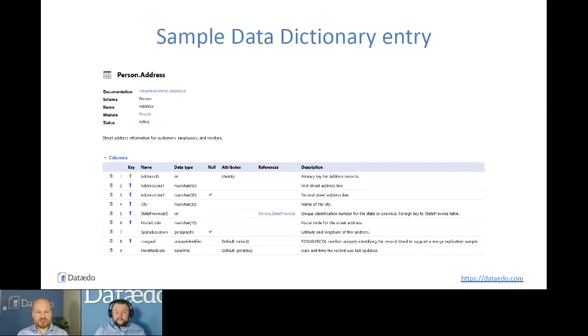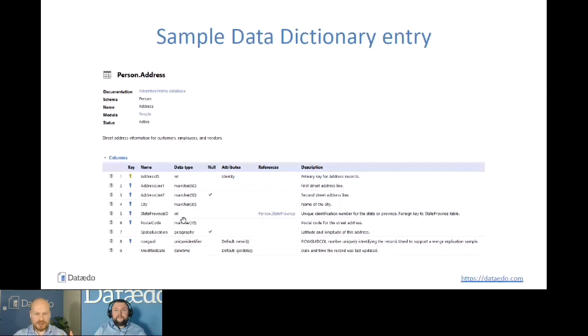A sample data dictionary entry could look like this. This is a screen from Dataedo. What you can see here is actually a specification of a specific table. You have a table name over here. You have a database it is part of. You have the schema. You have the description of the table, what it is for, what it holds. Then you have a list of columns with the specification of each one. So you have a name, you have a data type, you have some attributes like identity, nullability.